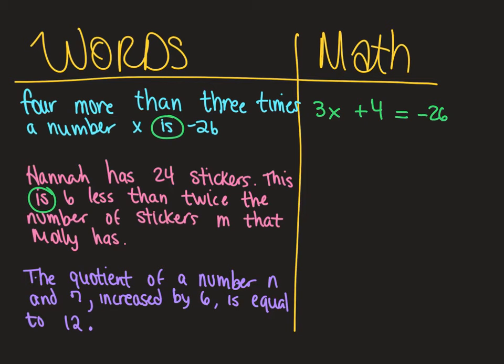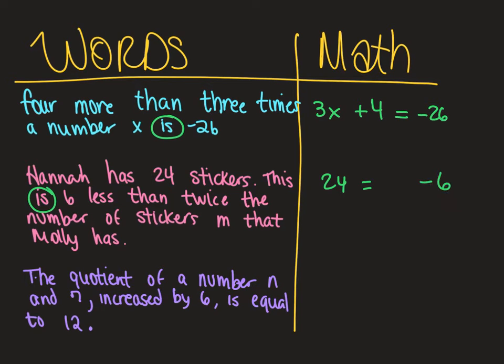Whatever's before the is, okay, got to write my equal sign. Whatever words in English come before the is, that's going to be on the left side. So I found 24. Whatever's after is in the English sentence is going to be on this side. We have a 6. We have a less than. Okay, don't get overwhelmed.